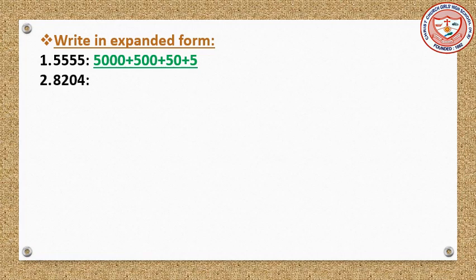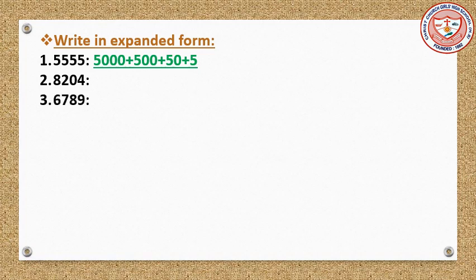Number 2. 8204. What will be the answer, girls? Yes, it is 8 thousands plus 2 hundreds plus 0 plus 4. Done?